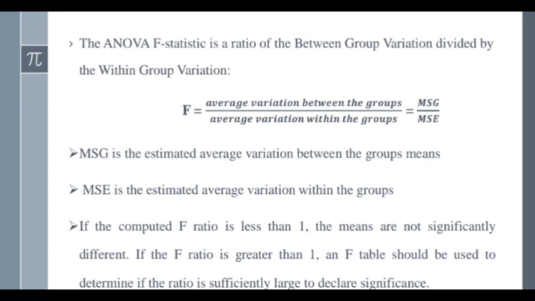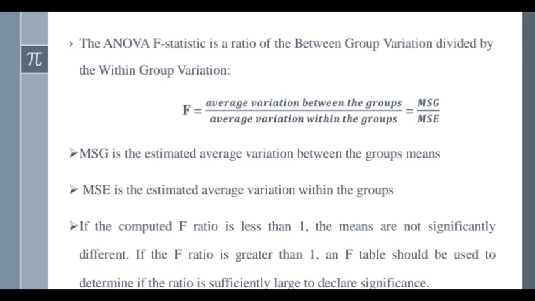MSG is the estimated average variation between group means and MSE is the estimated average variation within the groups.